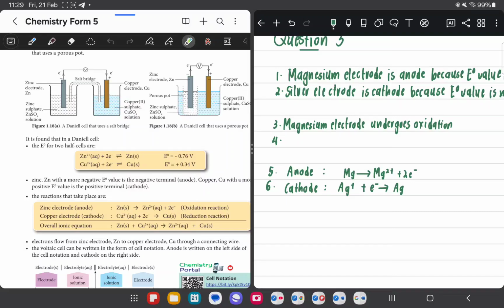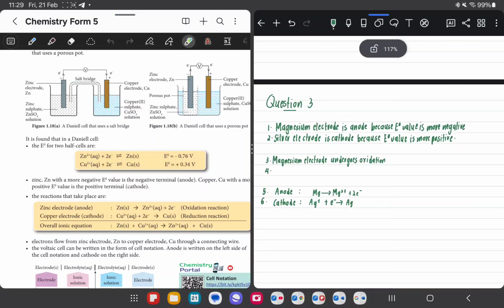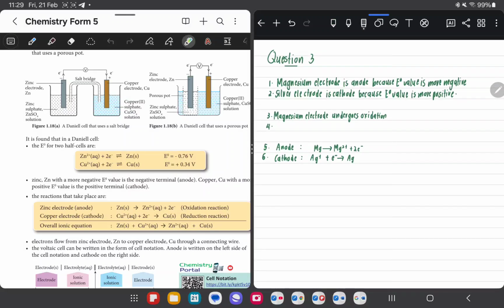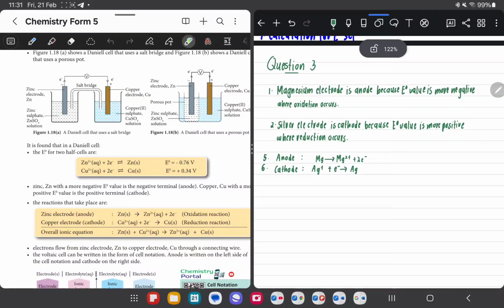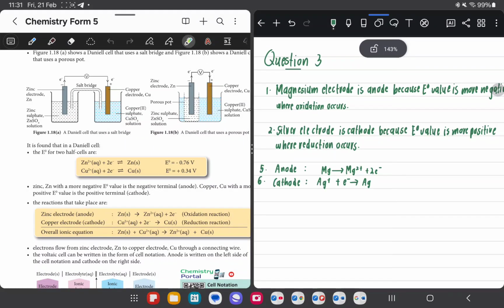But it's better if you write it at the side itself. You know anode, because E naught value is more negative, you put a comma, oxidation occurs. Like that, it's better. So there is a bit of change in this part. Let me correct it for a moment. This is better. You write which one is anode, where oxidation occurs. This is safer.